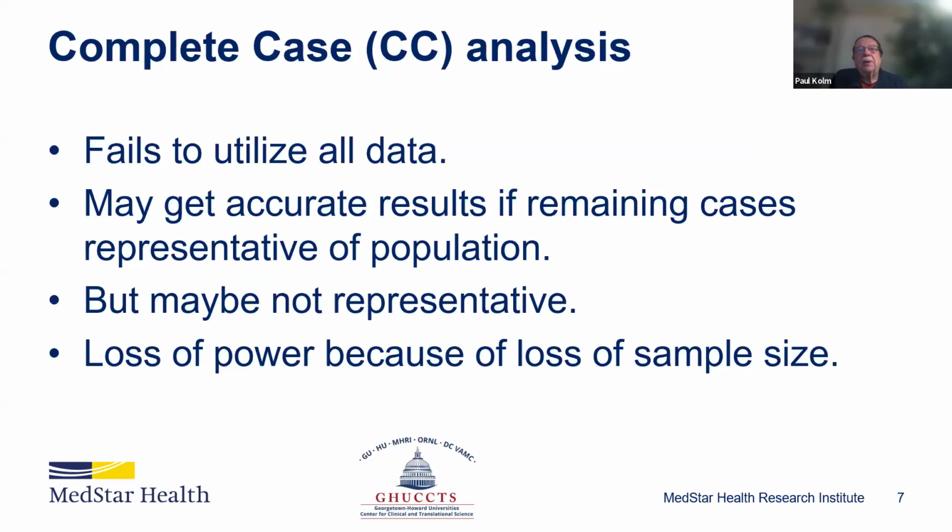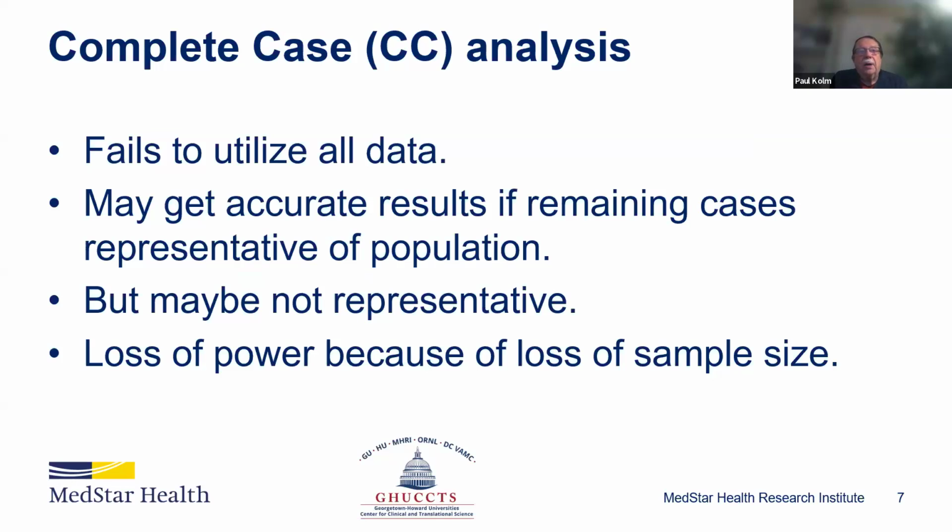Now, it's possible that this is okay, and when it's okay, you can get results if the remaining cases that have complete data are representative of the population. But it may not be representative, and so then your results might be biased.